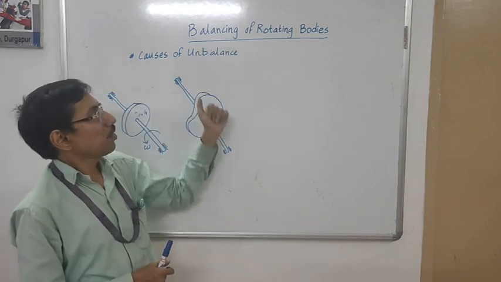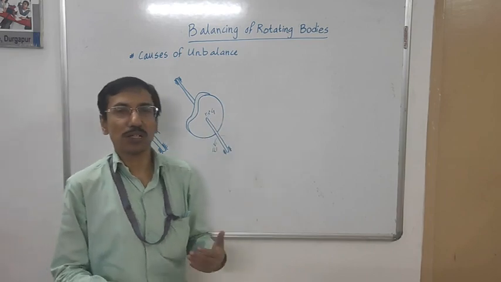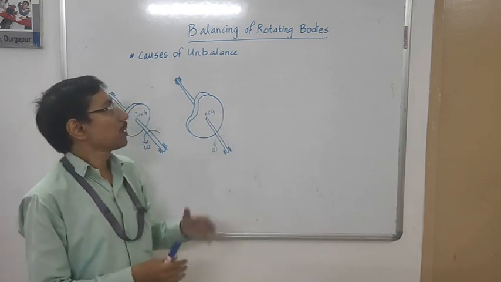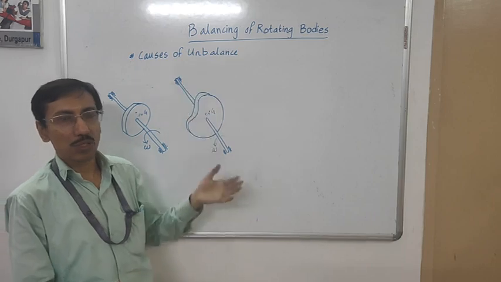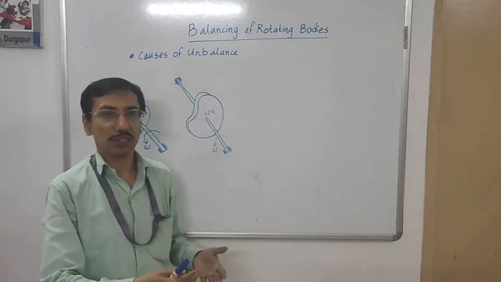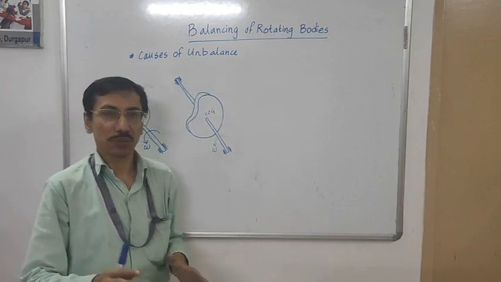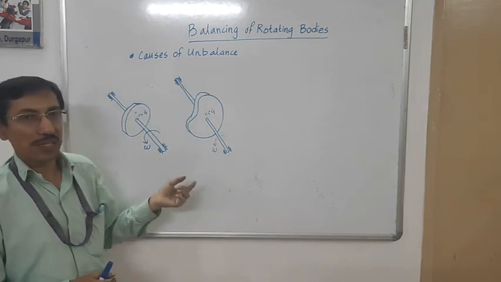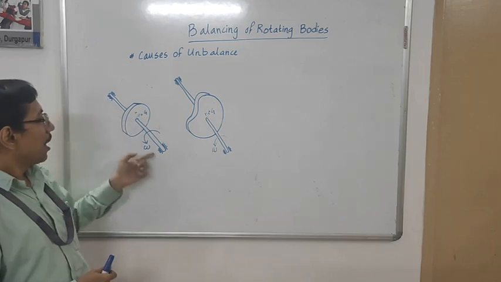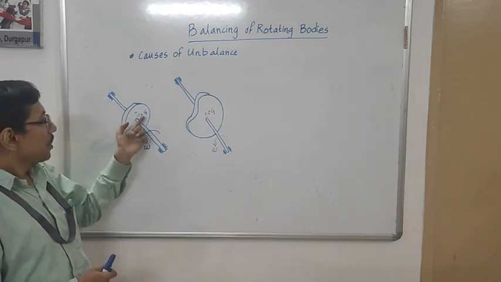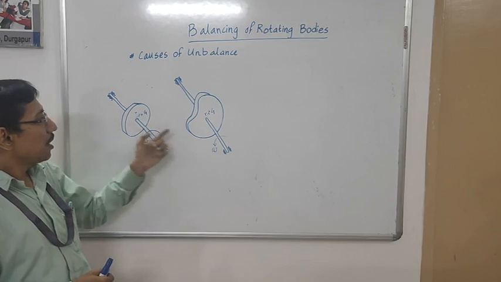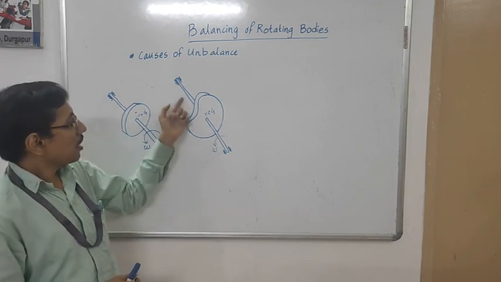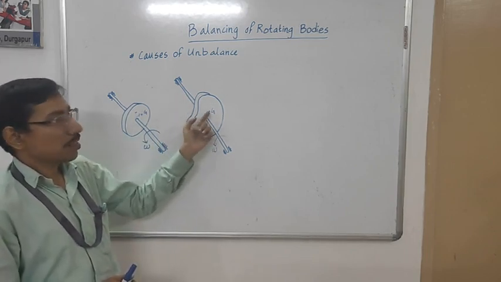So at the beginning, we first try to understand what are the possible causes of unbalance that usually occur in these rotating bodies, that means turbines, pumps, motors, etc. Suppose we have taken one example of a shaft carrying a symmetrical circular disc, and another one, a shaft carrying an unsymmetrical object.